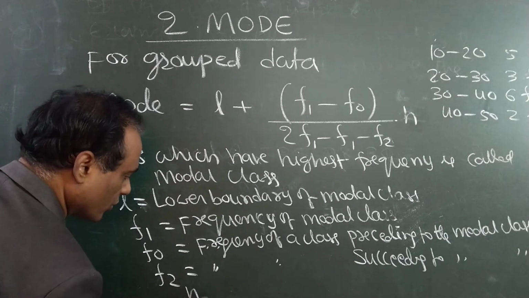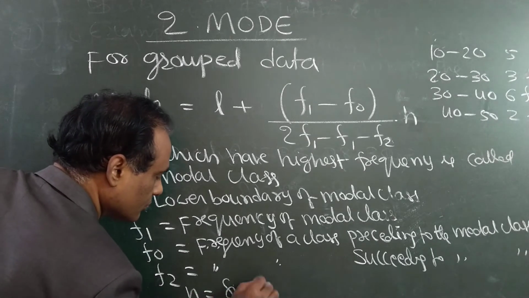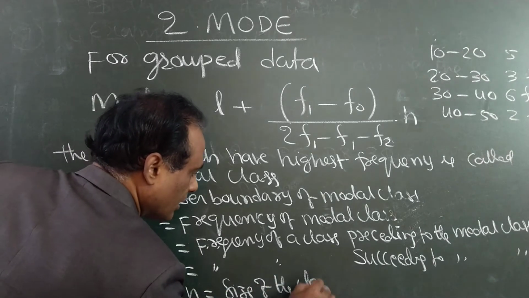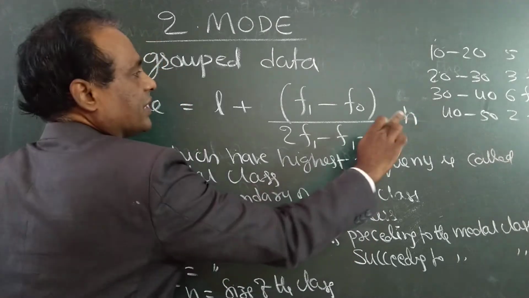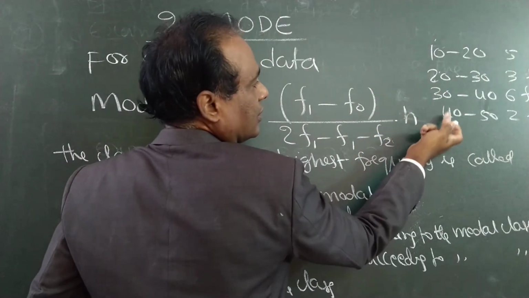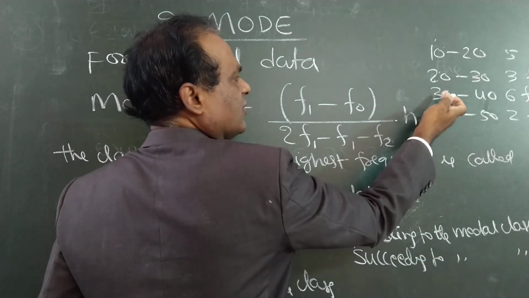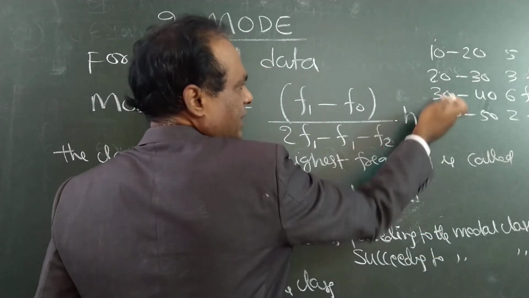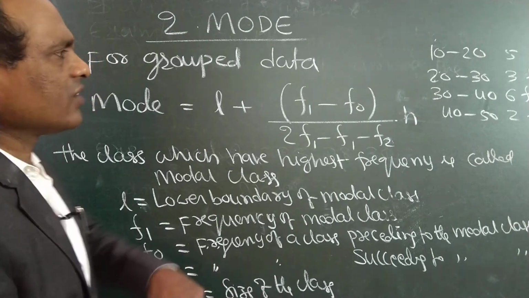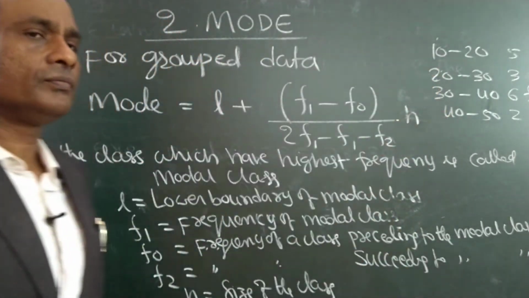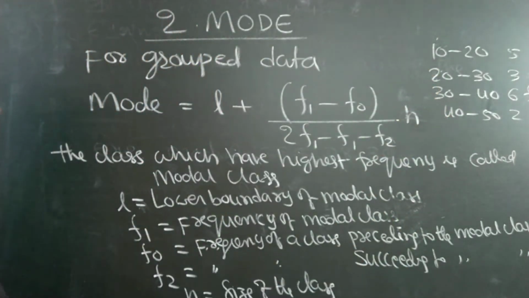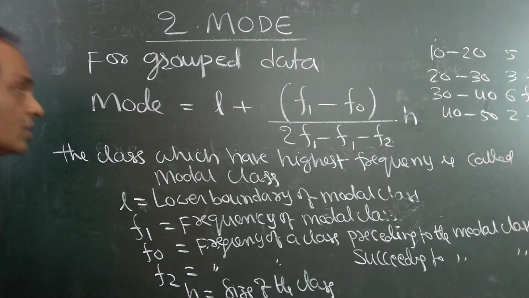H is equal to the size of the class. What is the size of the class? 10. You can take 40 minus 30, which is 10. So size means upper minus lower.